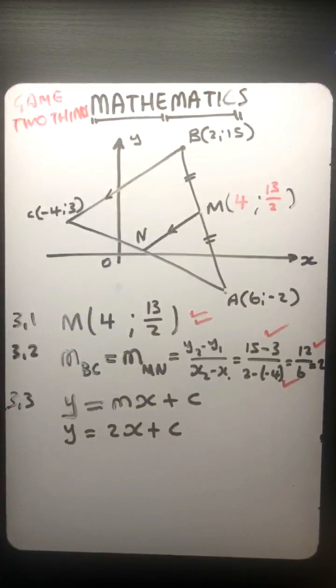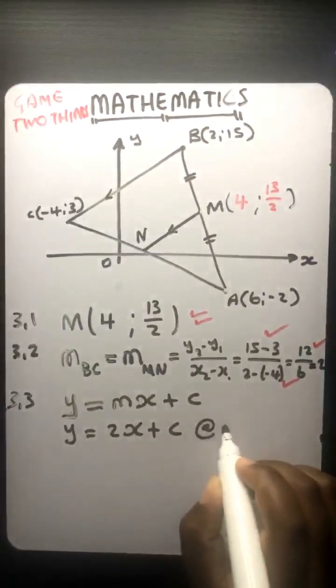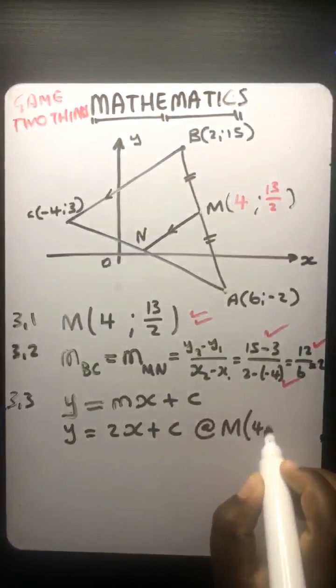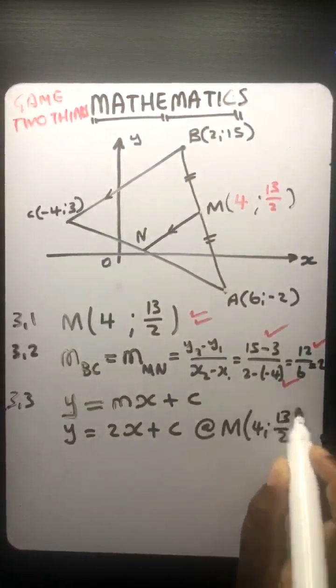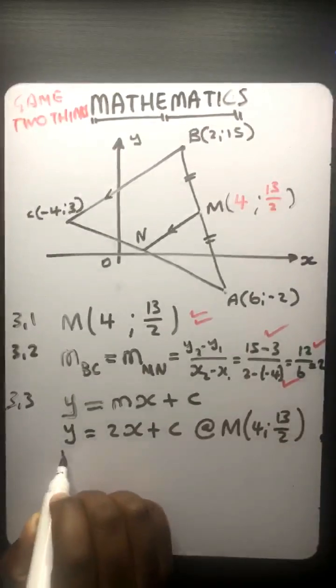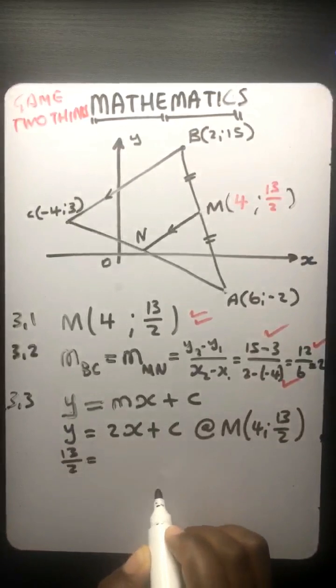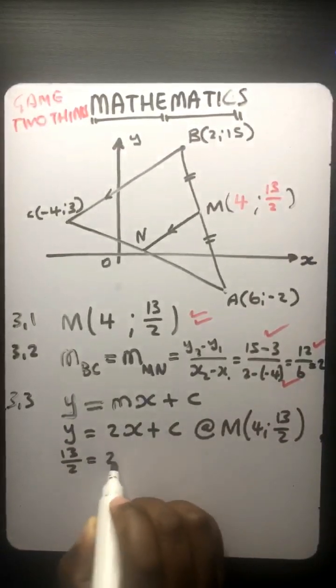Then we are given a point, we have a midpoint there at M. So we'll use the point M and substitute. Our y is 13 over 2, and then our 2 will be multiplied by 4.